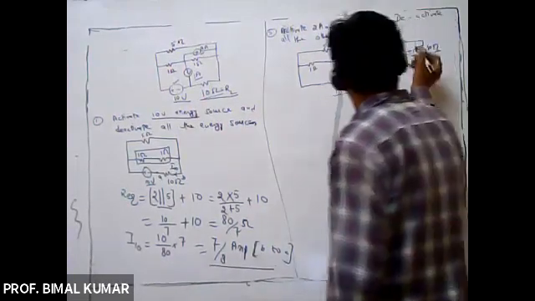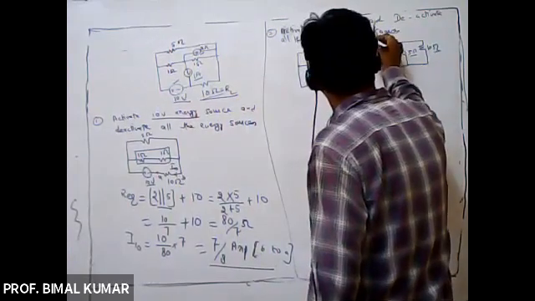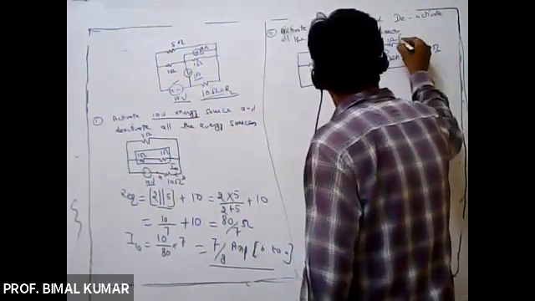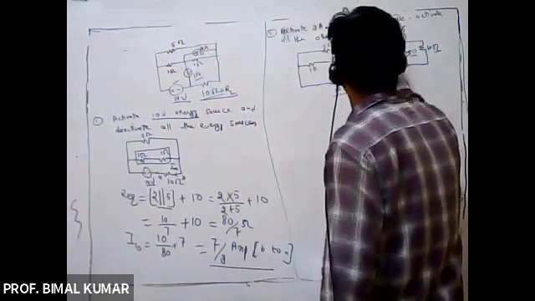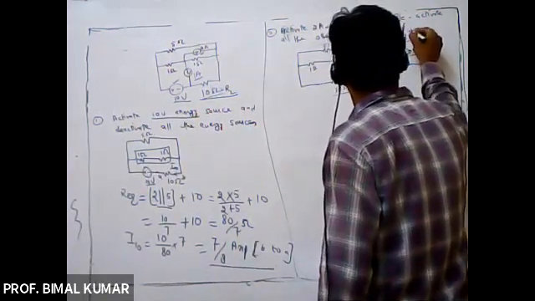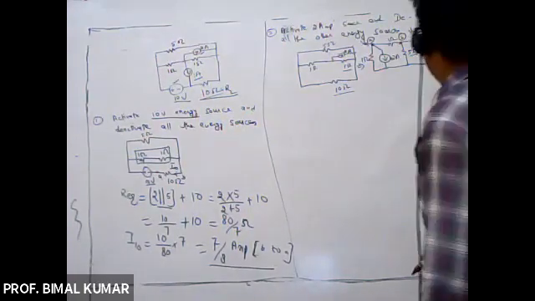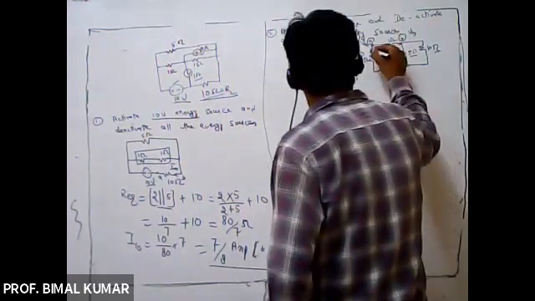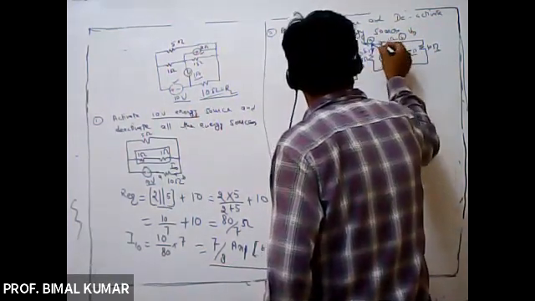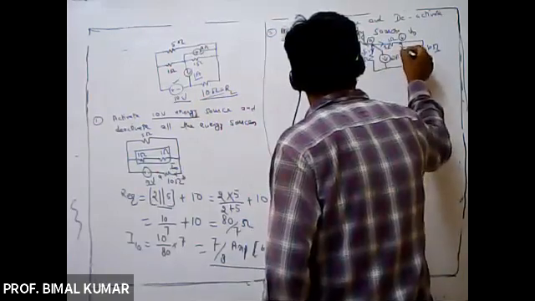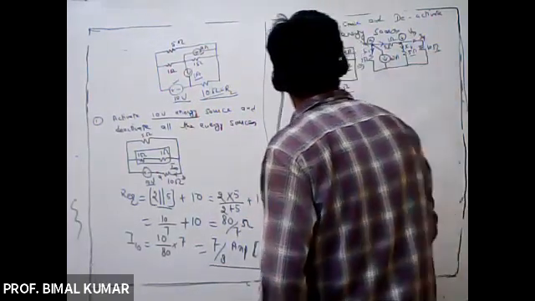Here you may apply KCL. This is your node A, this is your node B. At node A I am assuming the voltage VA, and at node B the voltage VB. I am taking the currents as this: I1, I2, I3, and I4.